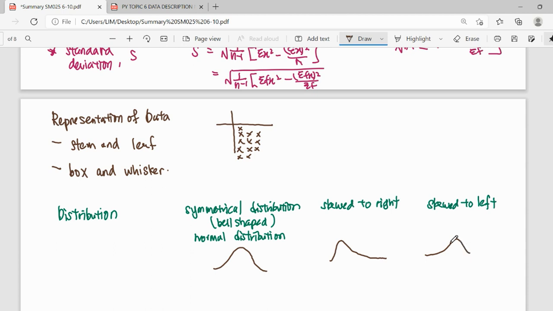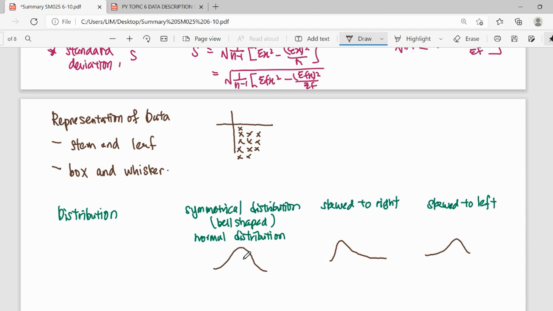This might be your SEM one result. A lot of people get very good results, but in the class there is still that 1 or 2% who didn't study, and they will skew the result to the left because their result will obviously be extremely low. So that will be the meaning of skew to the left, skew to the right, and normal distribution.